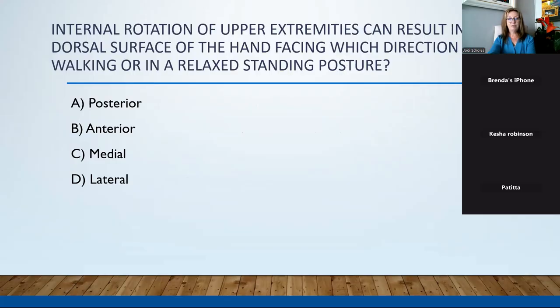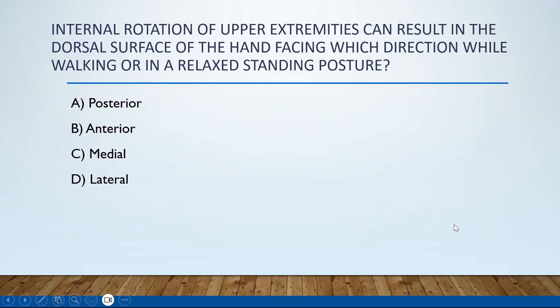Internal rotation of the upper extremities can result in the dorsal surface of the hand facing which direction while walking or in a relaxed standing posture. All right, ready? Let's read it again. You're going to need to do this movement to probably get this.